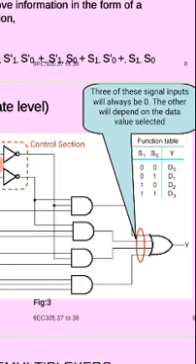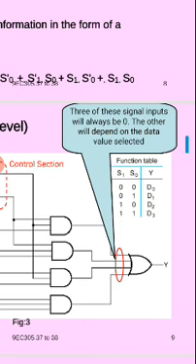From there, the outputs of AND gates are given as inputs to the OR gate. Here it is shown that 3 of these signal inputs will always be 0.